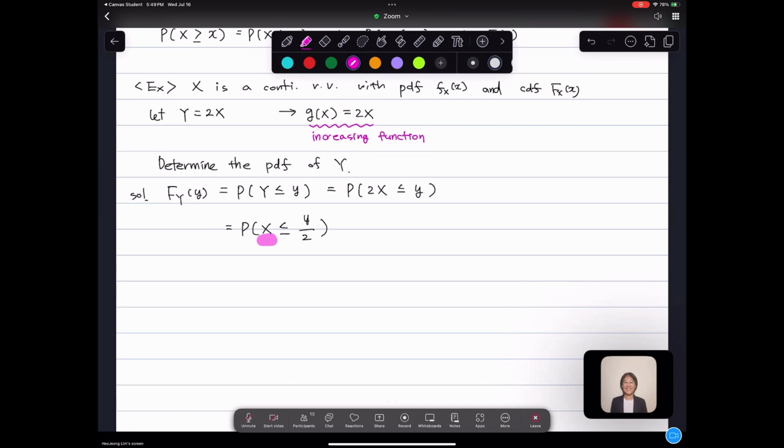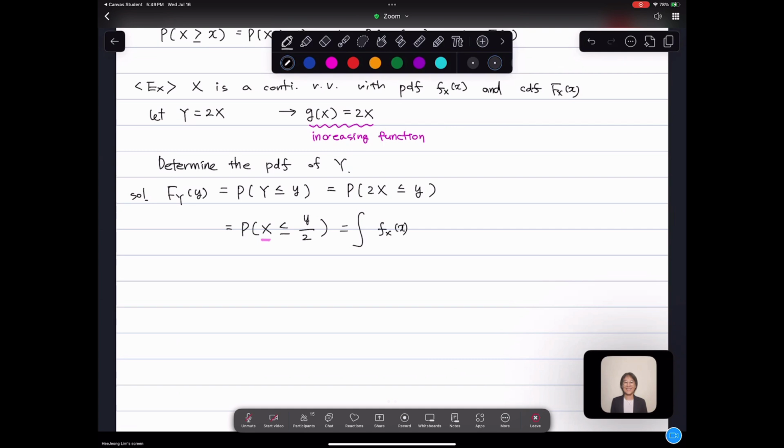So time to do some integration then. Now I have to go integrate. This is about the x random variable, so I have to use the distribution of x. So I have to go get my f of x.